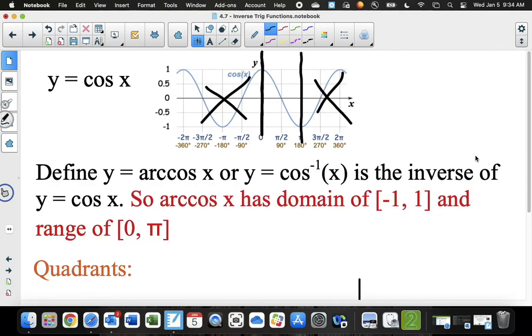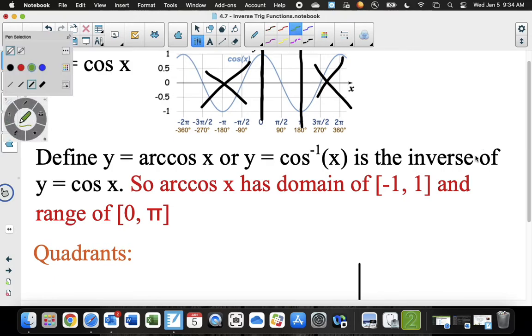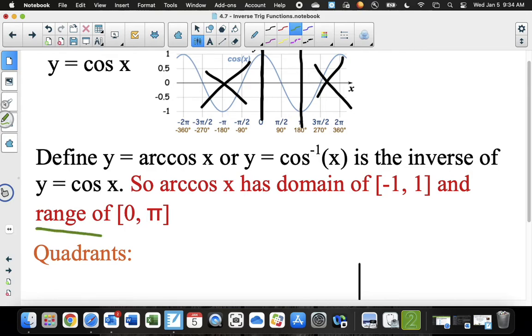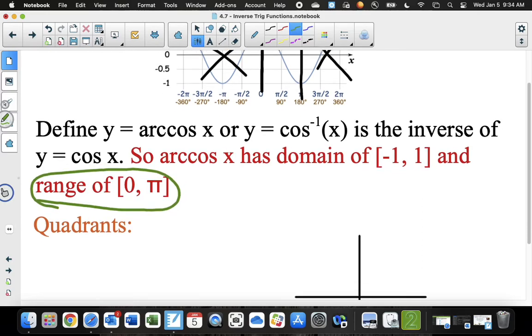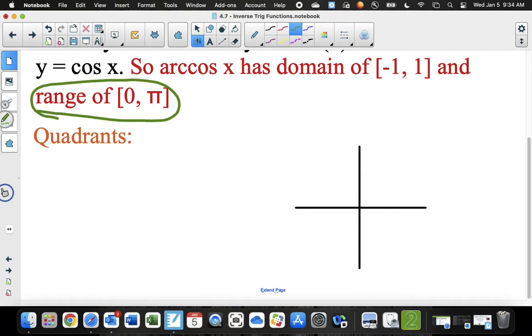Here's the key part right here. The range for inverse cosine is restricted between 0 and pi because of our one-to-one function. Which means, which quadrants does the inverse cosine have to be in? Somebody say it. Was that you, Cooper? What'd you say? Yeah. Here's 0 to pi. You are restricted to quadrants 1 and 2 for inverse cosine.